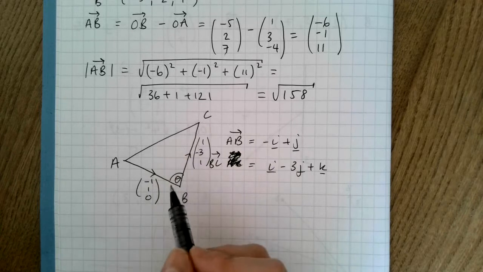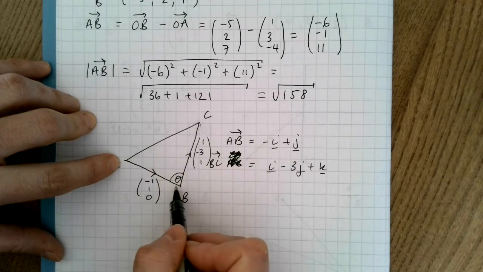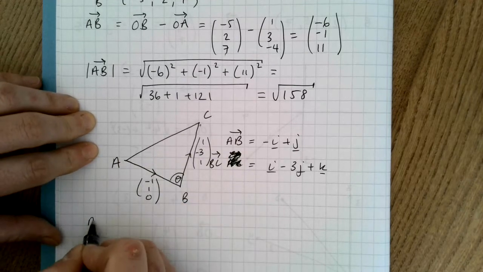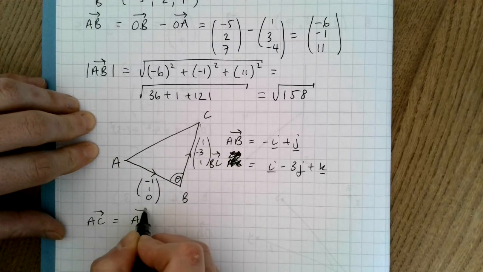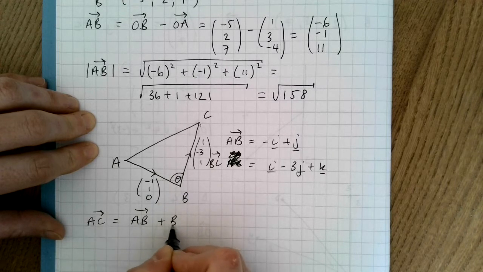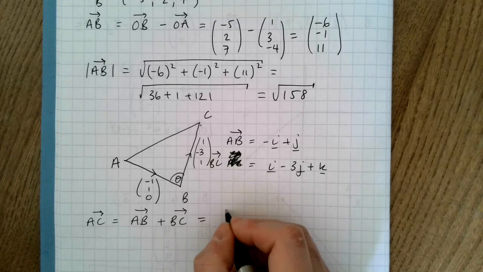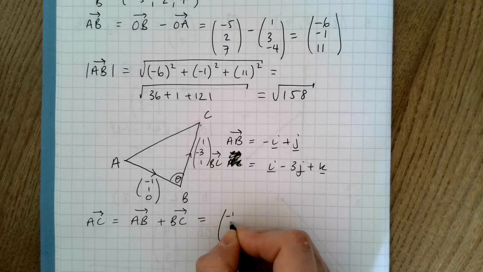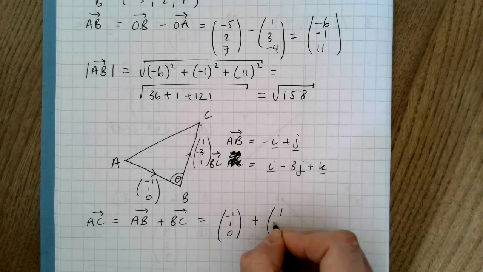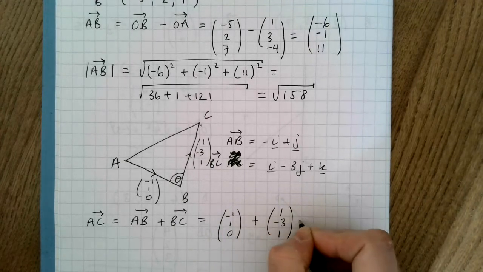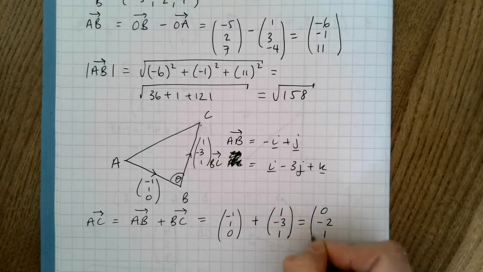To find this vector here, we can use the fact that this one follows on from this one. So the vector AC would be the vector AB added to the vector BC, which is nice. So that's -1, 1, 0, add 1, -3, 1, which is 0, -2, 1.